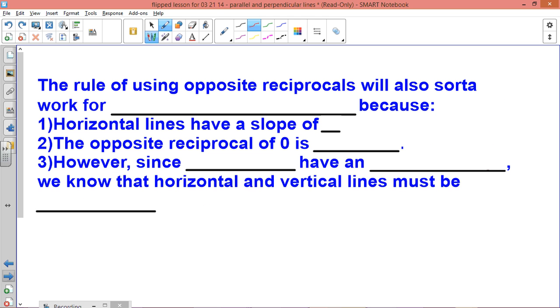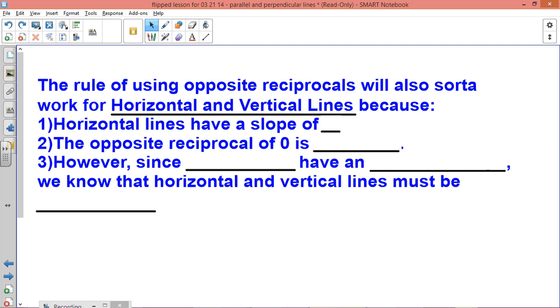And let's talk about that. The rule for using opposite reciprocals will also sort of work for horizontal and vertical lines because of this. Horizontal lines have a slope of 0, meaning we're going to have a line that looks like this.